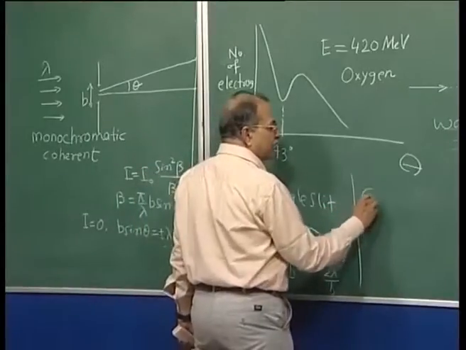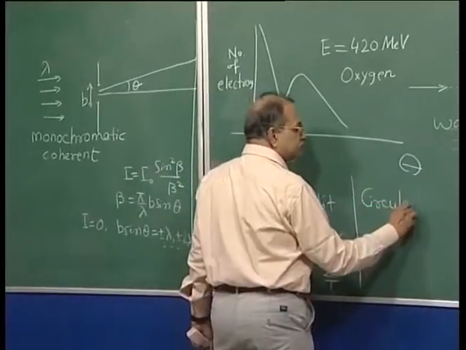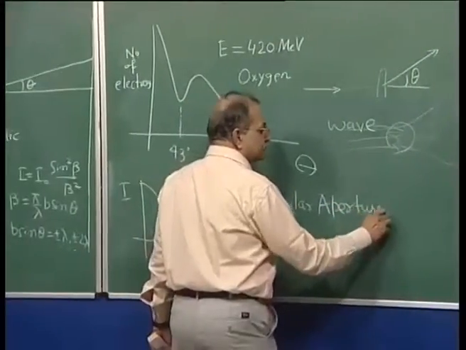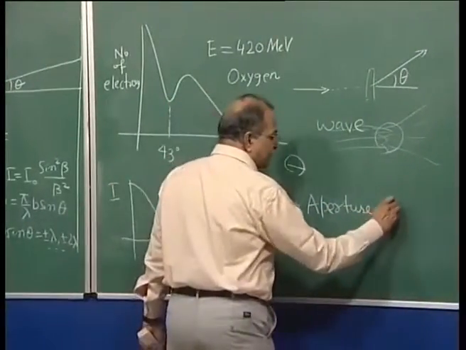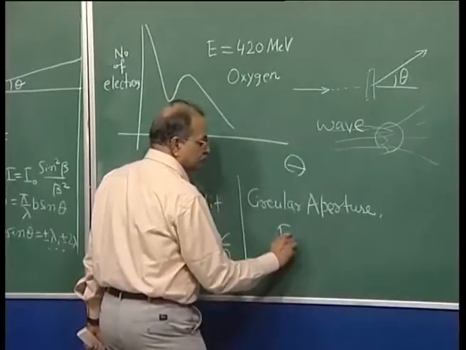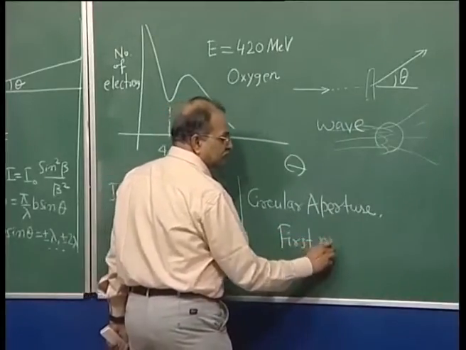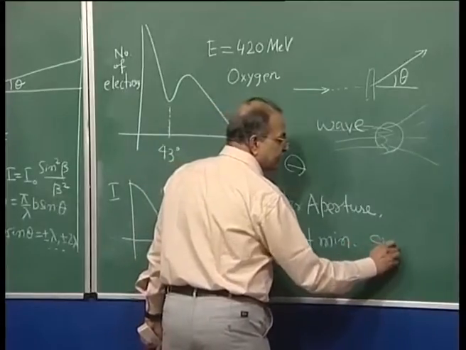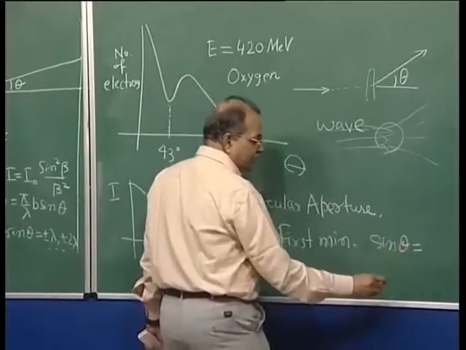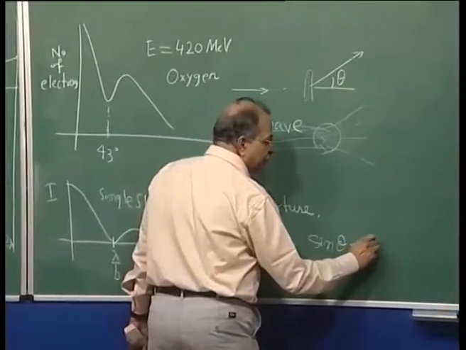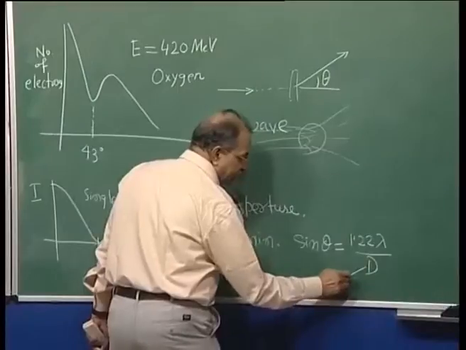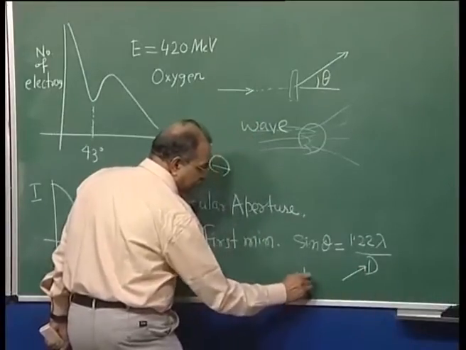For circular aperture, you have the first minimum at theta, where sin theta is given by not lambda by d, but 1.22 lambda by d. This d is the diameter of the circular aperture.